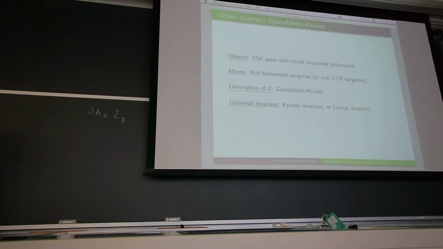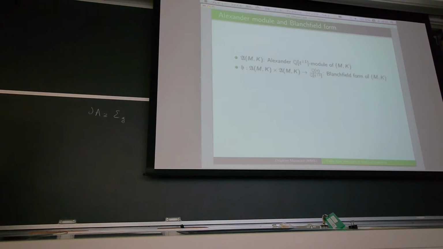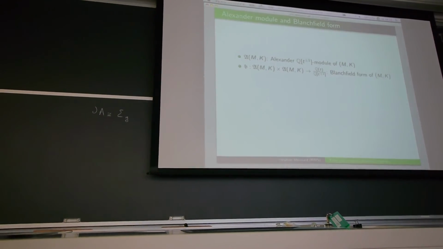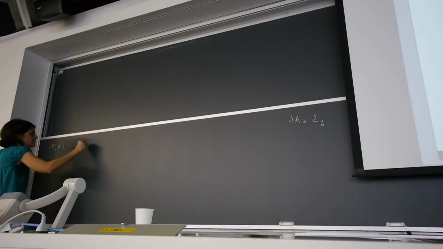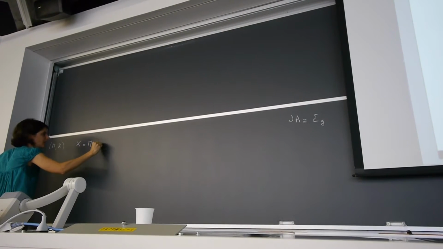So back to QSK pairs. An important invariant here is the Alexander module with the Blanchfield form. I briefly recall: when you take a QSK pair (M, K), you can consider the exterior X of the knot.